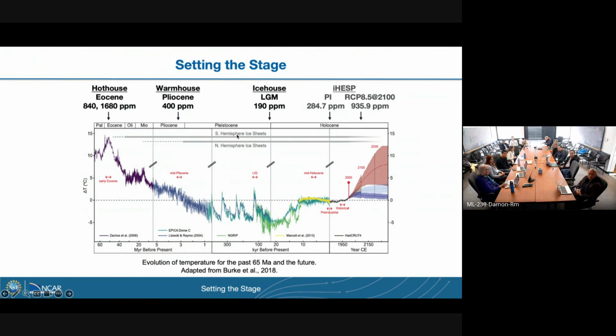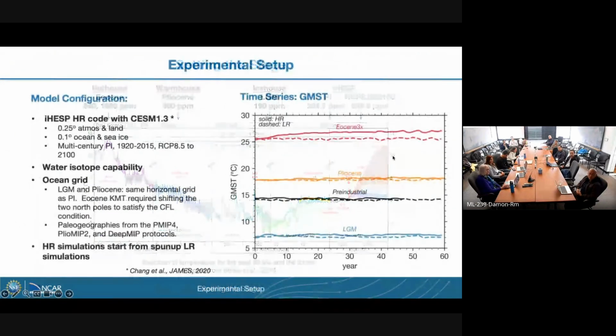We also took advantage of some other simulations that had already been completed as part of this IHESP project. They have historical, some RCP, and a PI, so we could take advantage of those simulations.